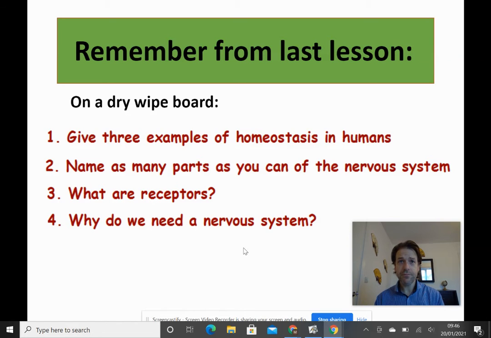We've got baroreceptors in our blood vessels, touch receptors in our skin, as well as heat receptors and pain receptors. So loads of receptors all over our body, all ready to receive changes, which are called stimuli, and then send messages into our brain, allowing it to build up a picture and decide on our appropriate responses. And then why do we need a nervous system?